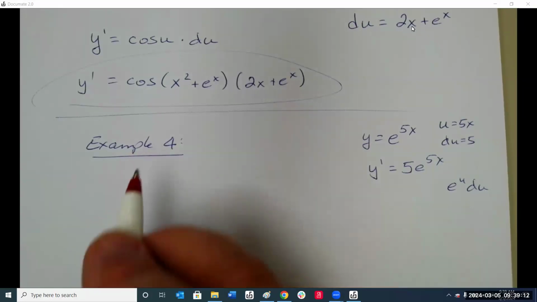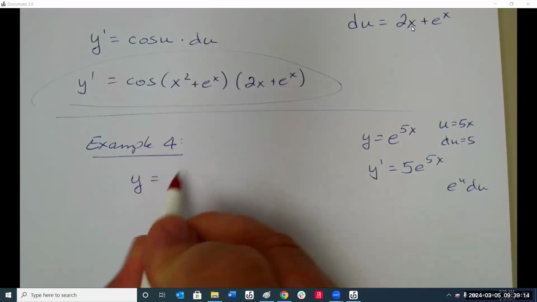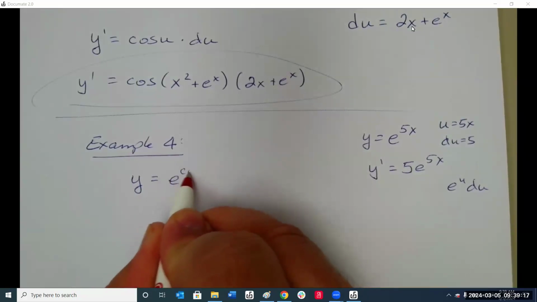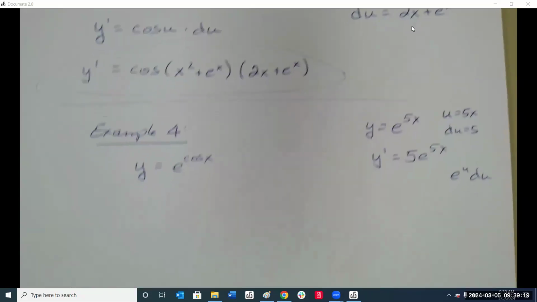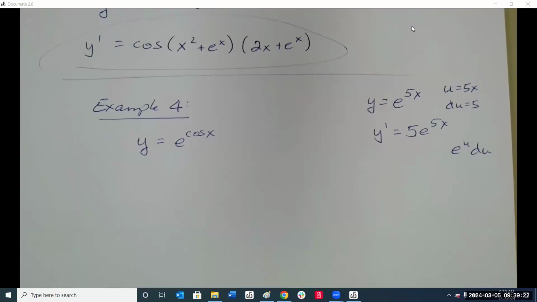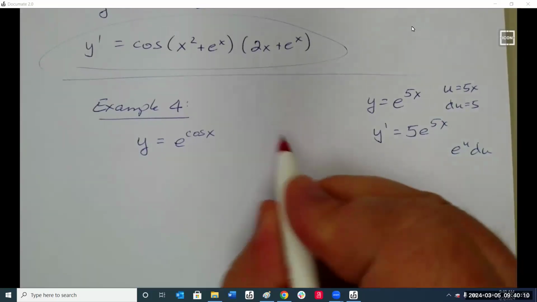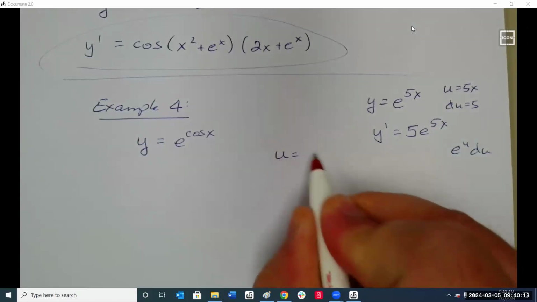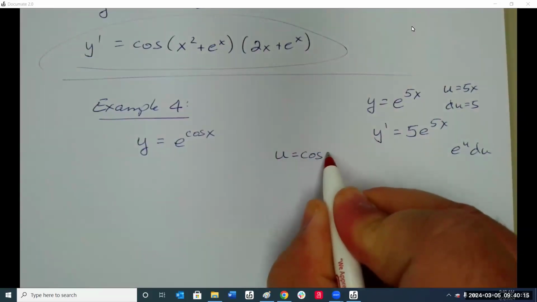We'll make this one easier. y equals e to the power cosine of x. So u is what? Cosine x.